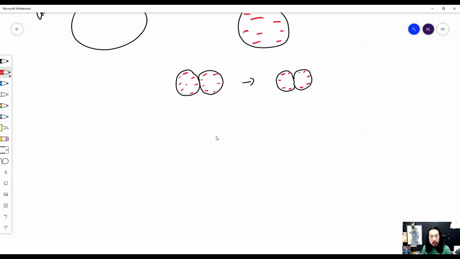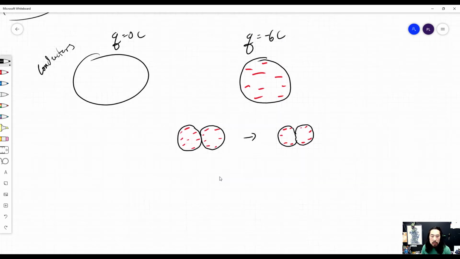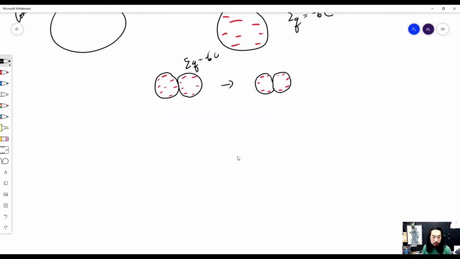And if you separate them, so here the total net charge of the system is negative 6 coulombs. Here the total net charge is still negative 6 coulombs, right? And when you separate the two, what ends up happening is there's an equal distribution of charge, or as equal as possible.